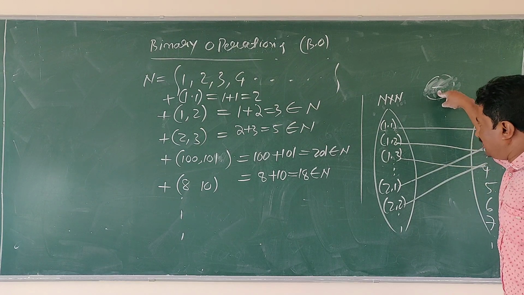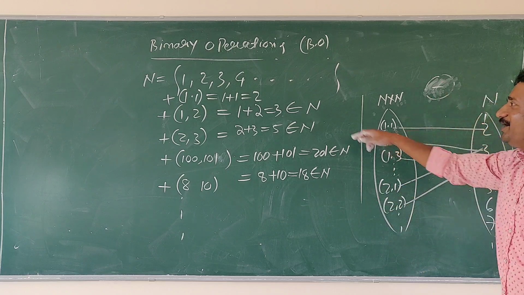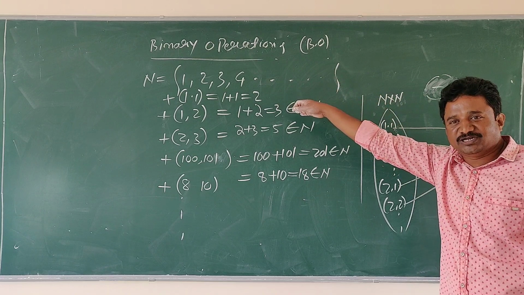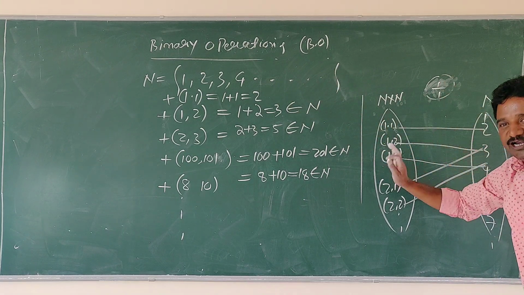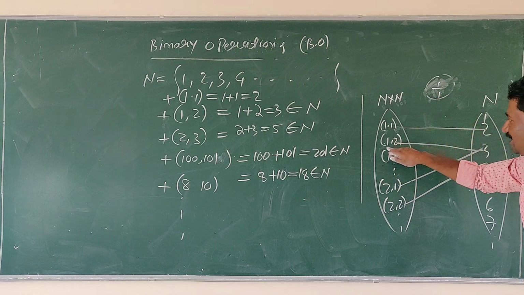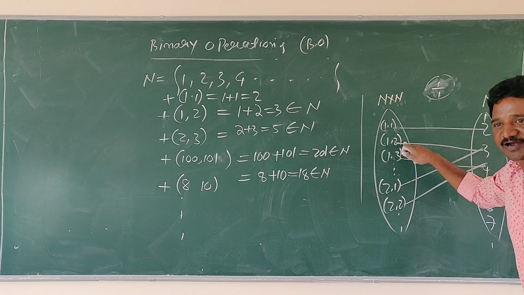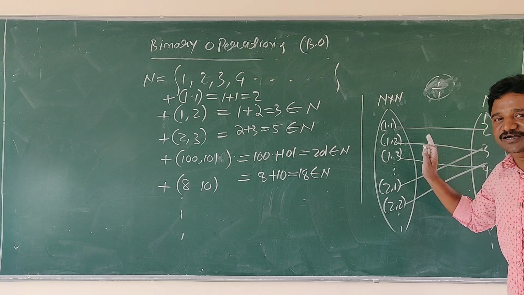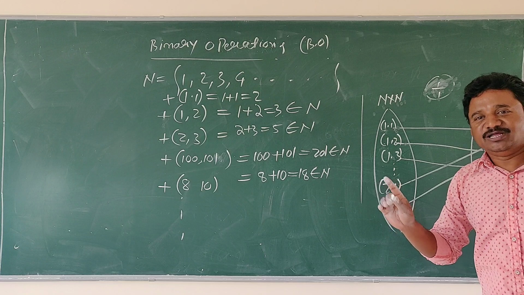Minus is not a binary operation on N. What about divided by? It is not a BO because 1 divided by 2, 1 by 2, is related or not related? Not related. Failed in one subject means completely failed. It is not a function.